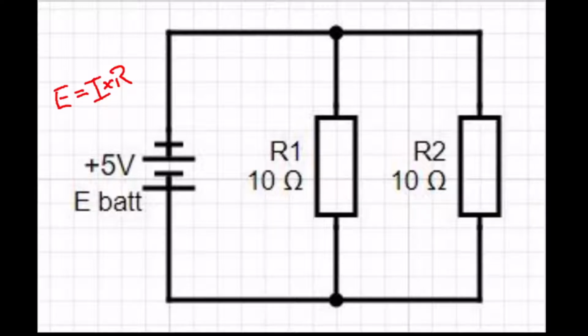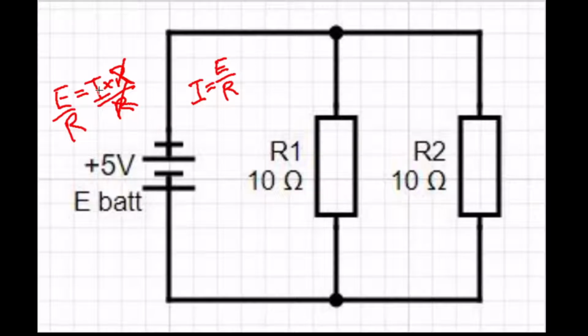So let's take resistor 1. We're going to first of all come up with the amperage formula, which is going to be I equals E divided by R. And we got that by dividing both sides here by R, and we cancel those two, right?